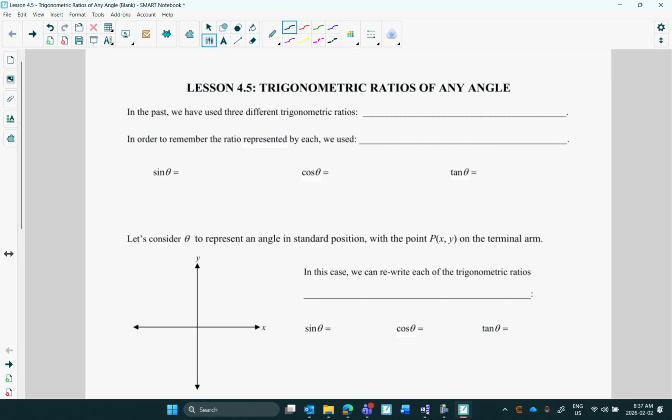So we've used the three trig ratios that you're familiar with: sine, cos, and tan. And the way we remembered it was SOHCAHTOA, which specifically means the sine of any angle in a right triangle is always equal to the measure of its opposite side over the measure of the hypotenuse of the right triangle.